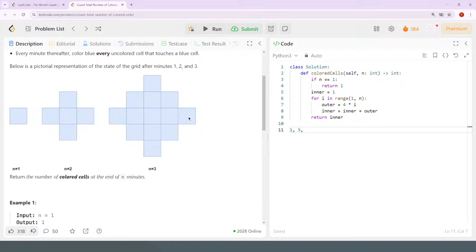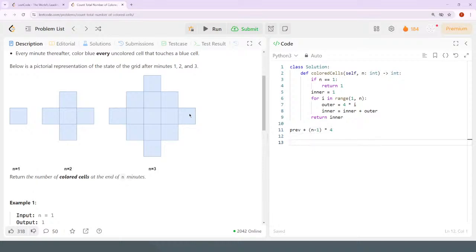No, 2 times 4. N minus 1 times 4. So it's previous plus n minus 1 times 4.